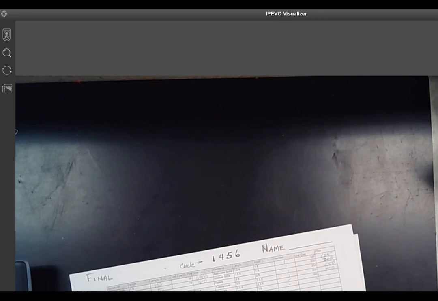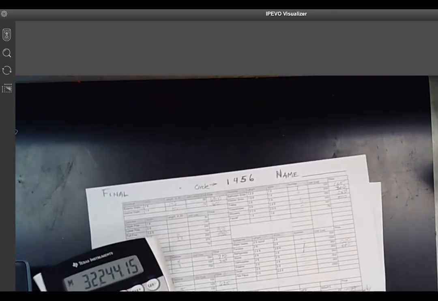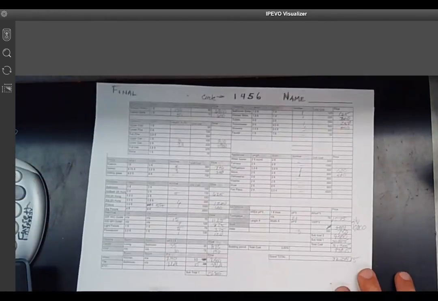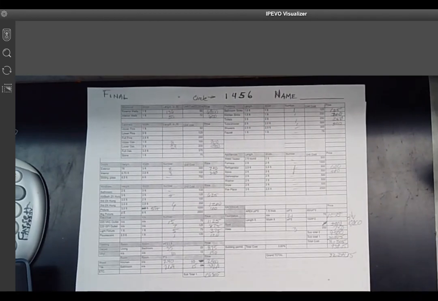Grand total plus $31,305, $32,244.15. And that's how you do a cost estimate.